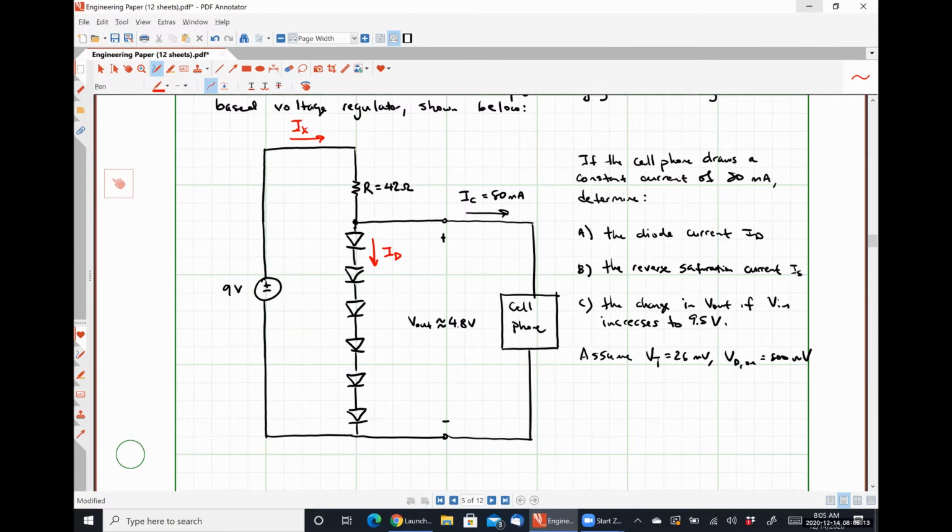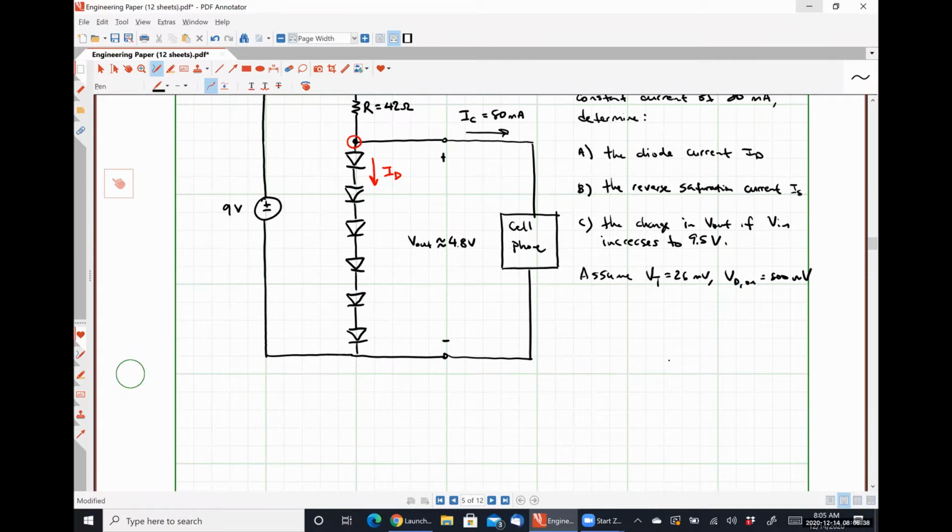Okay, so what Mr. Posniak is suggesting is that we know the voltage present at the top terminal here of the resistor. It's 9 volts. We know the voltage present at the bottom terminal of the resistor. It's 4.8 volts. So we can simply use Ohm's law to find out how much current is flowing through that. I tend to agree with that sentiment.